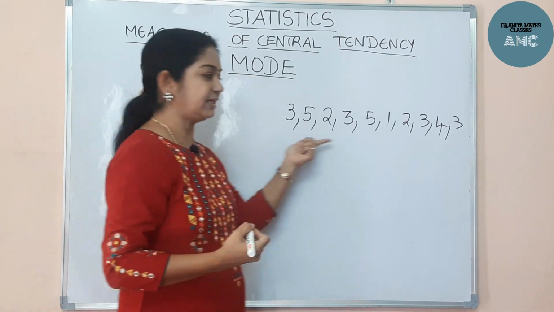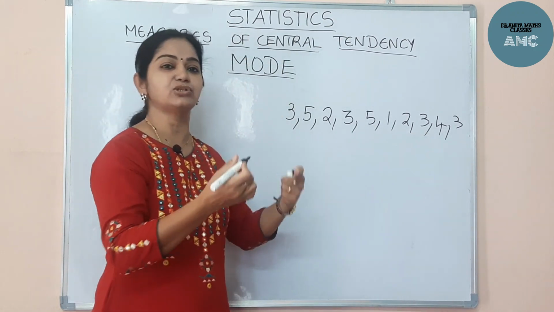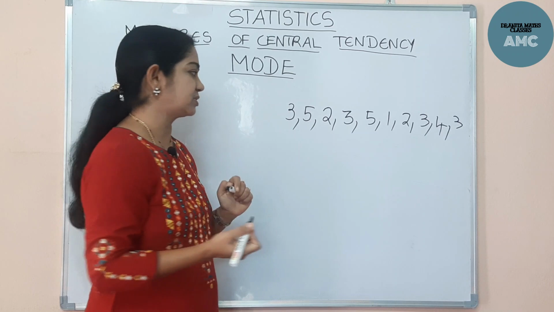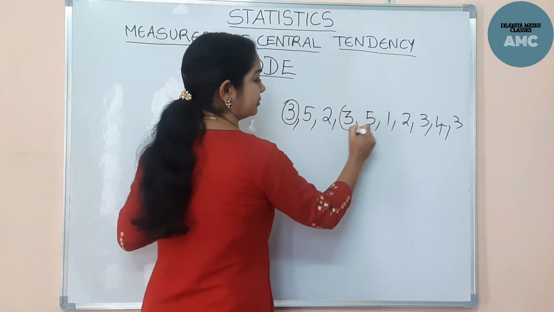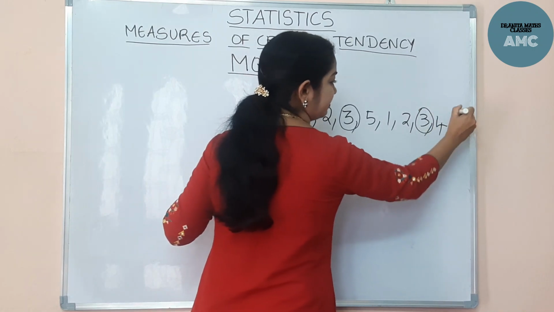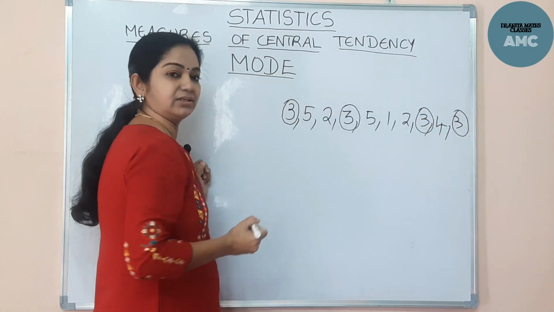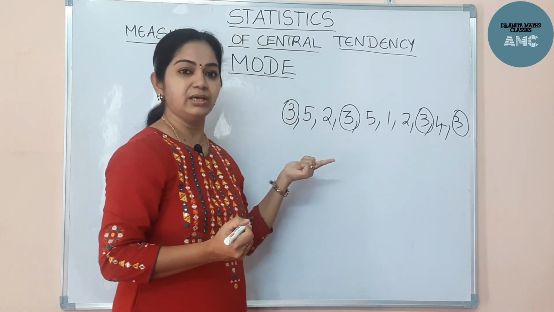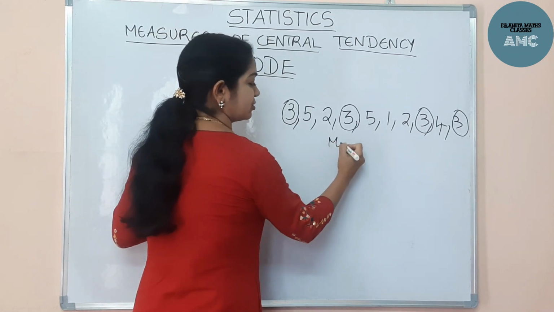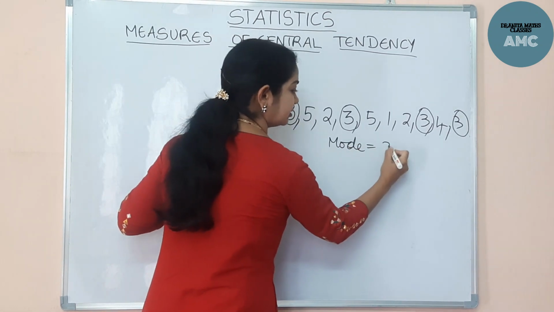These are the observations. Now, what is repeated most here? The number of wickets repeated is 3, four times. So the mode here for this raw data is 3.